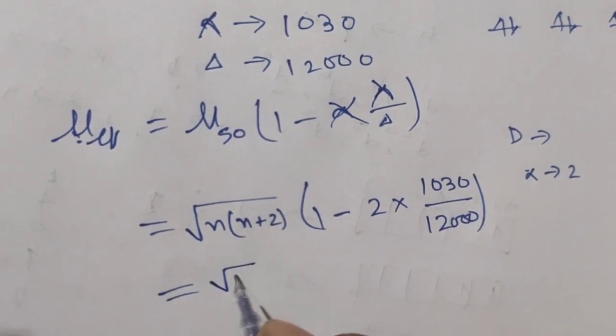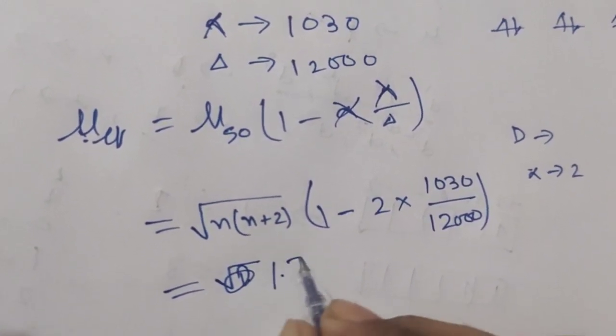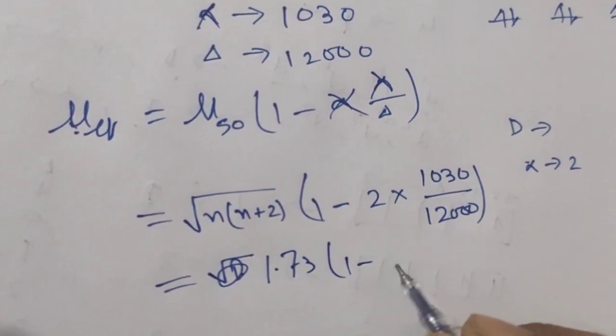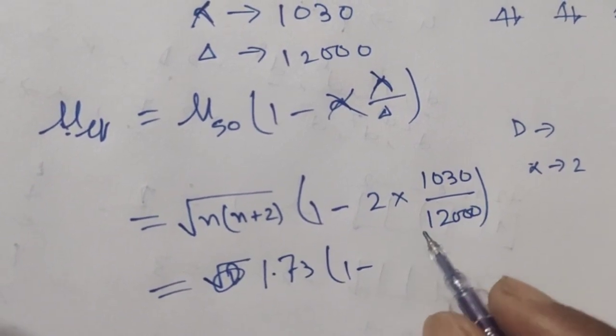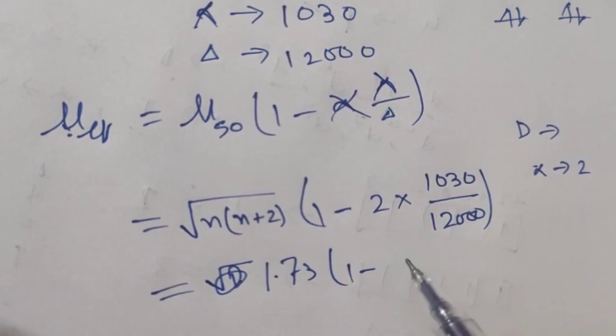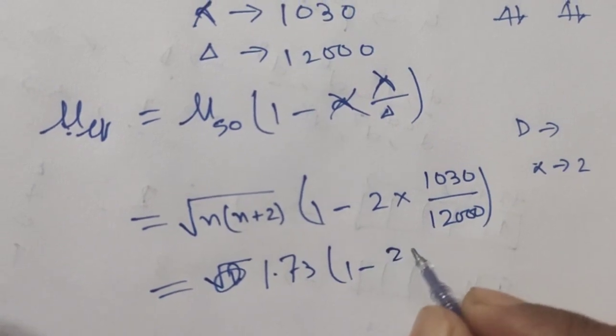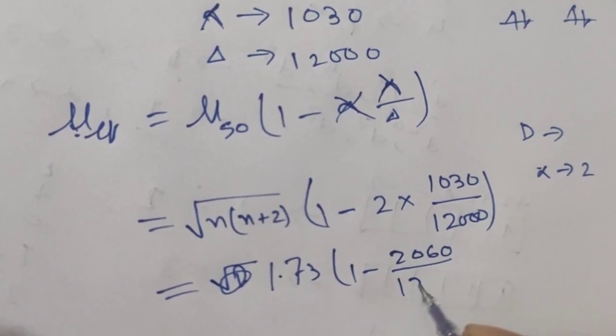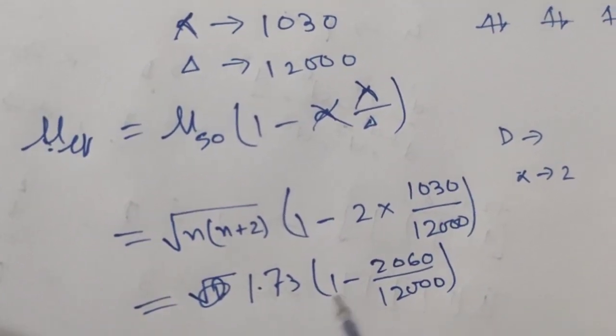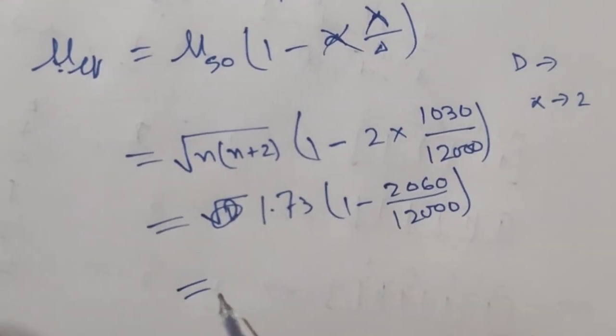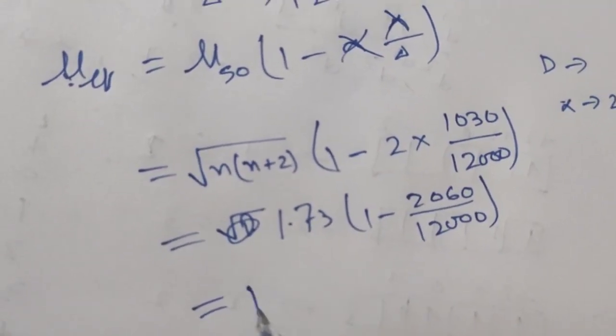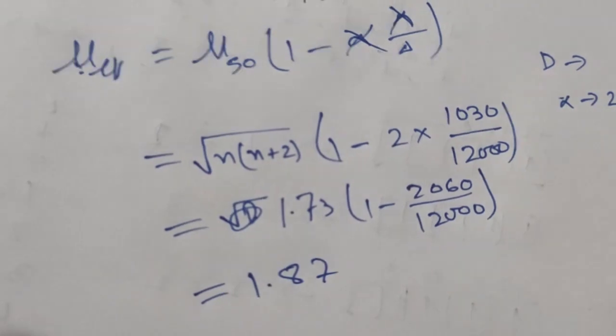So it will be root over 1.73 into 2060 by 12,000, which ultimately comes to 1.87.